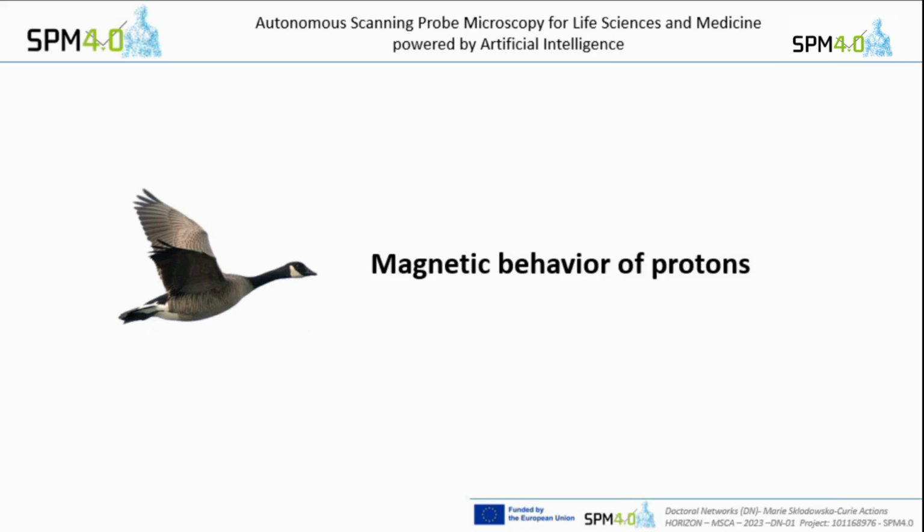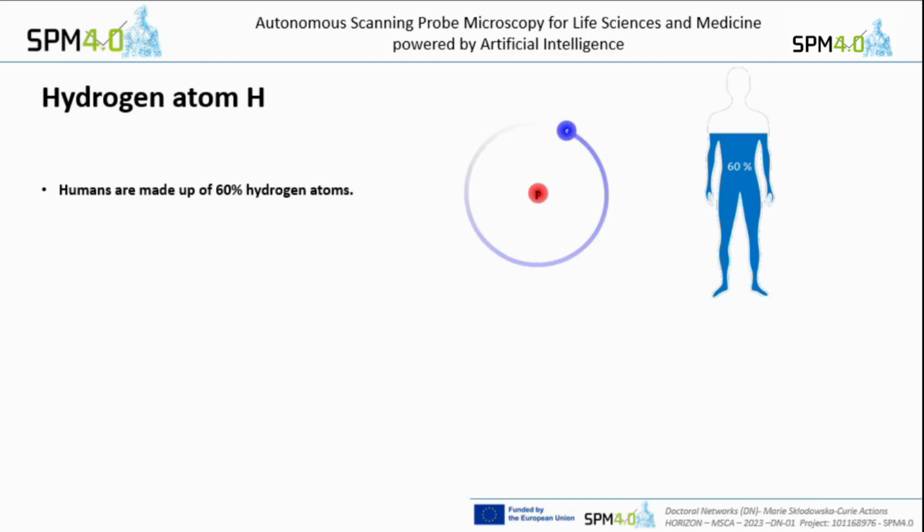Now we can have a look at it in detail. So first is again the physics, the magnetic behavior of protons. The first thing is that the human body consists of about 60% water, therefore also hydrogen atoms, with the most important one, the proton, in the middle.